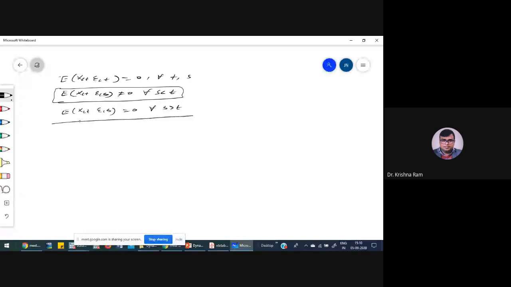So that means the current value of the explanatory variable is not related with the future value of the error term. And when this condition is satisfied, we can say x it is a predetermined variable. So this one is called a predetermined variable.